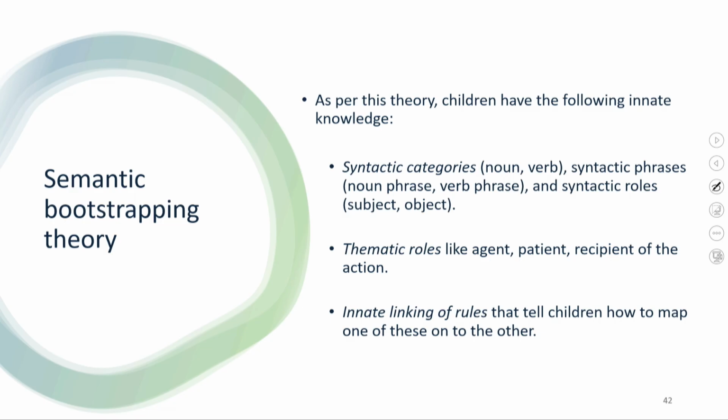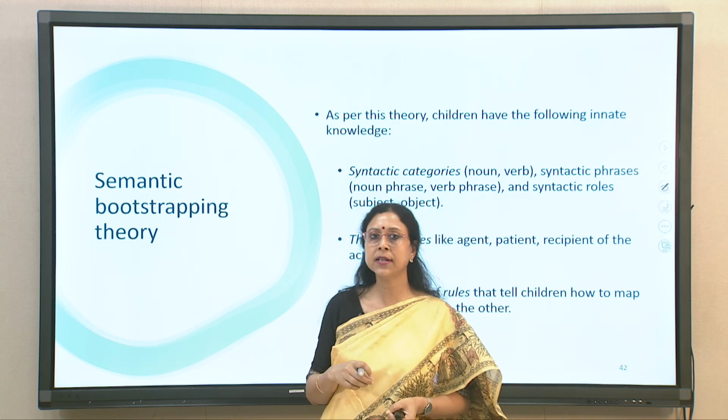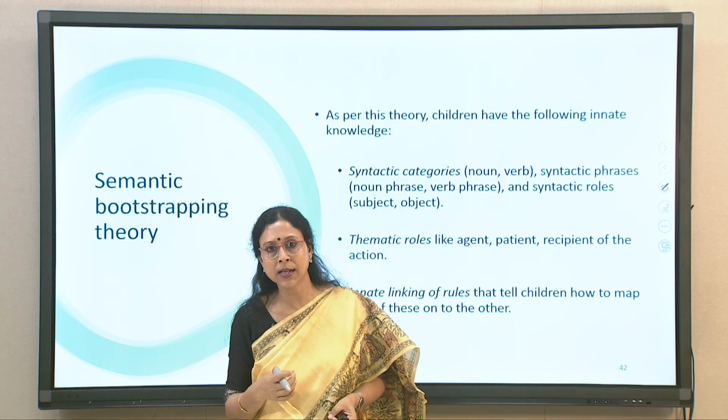First, the syntactic categories will be identified, then syntactic phrases and the syntactic roles need to be identified. Syntactic categories we have already seen, like noun and verb; syntactic phrases will be noun phrase, verb phrase; and syntactic roles will be subject and object. The noun can have the role of subject, or in some cases it can be object.